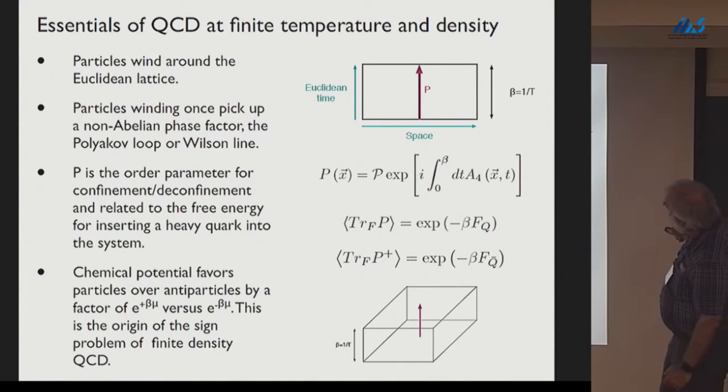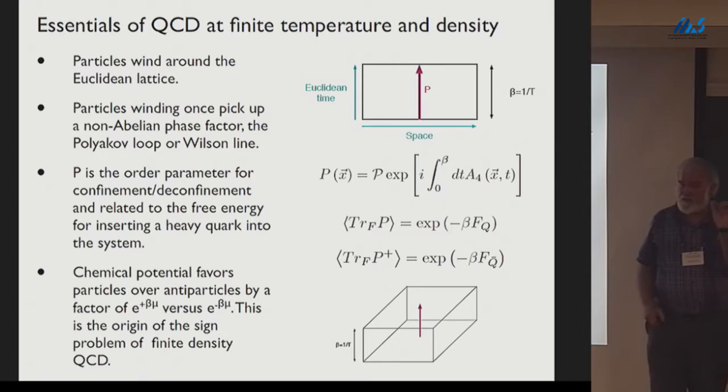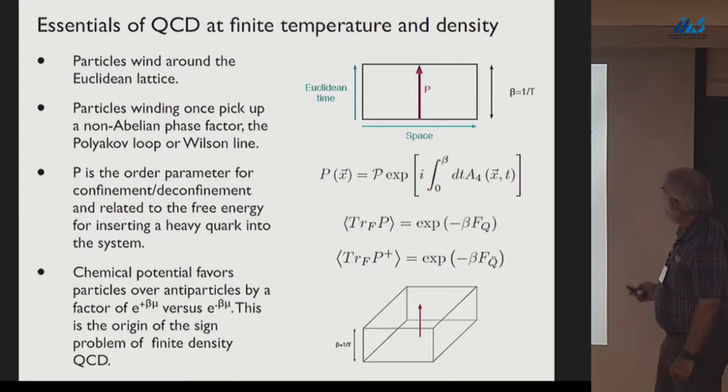So if you have a particle going around, it receives a weight in the path integral of e to the beta mu, but an antiparticle goes the other way and gets an e to the minus beta mu. And it is precisely this effect that leads to a non-Hermitian behavior of QCD at finite density, because you are weighting contributions of P differently from contributions of P dagger. We'll see that explicitly in just a minute.